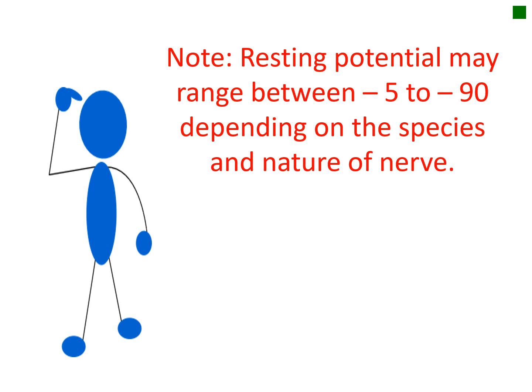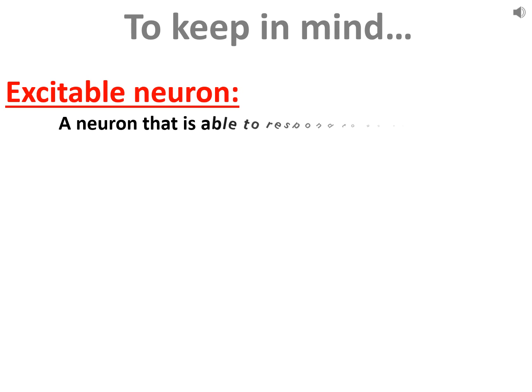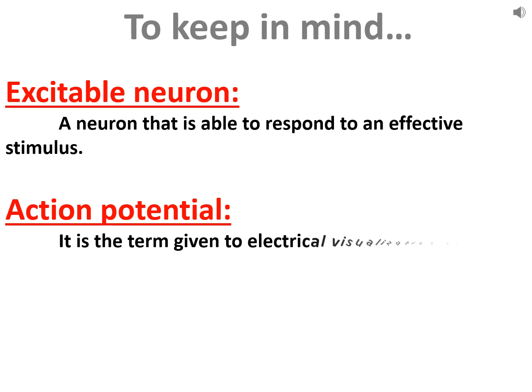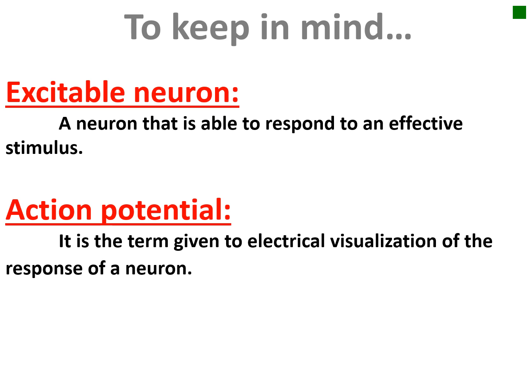Note here that resting potential may range between minus 50 to minus 90 depending on the species and the nature of the nerve. To keep in mind, you have some notes you have to know. First, an excitable neuron is a neuron that's able to respond to an effective stimulus.